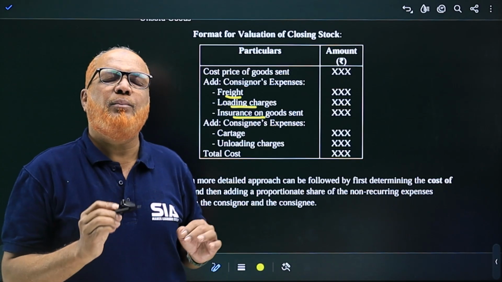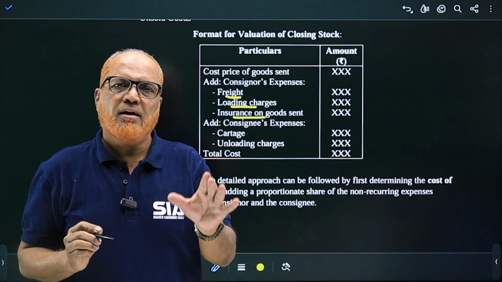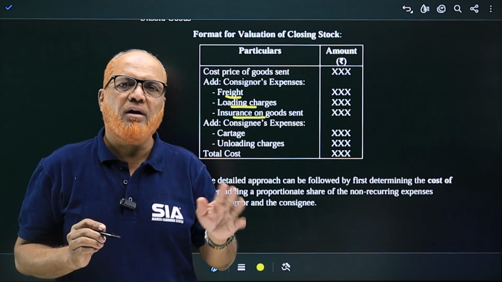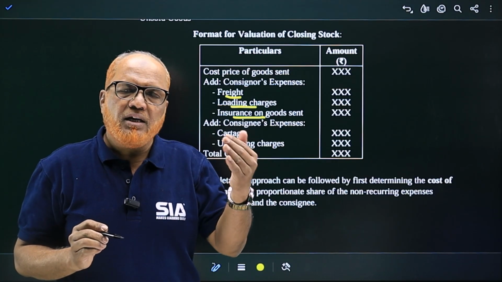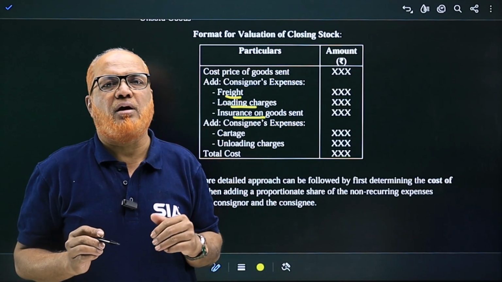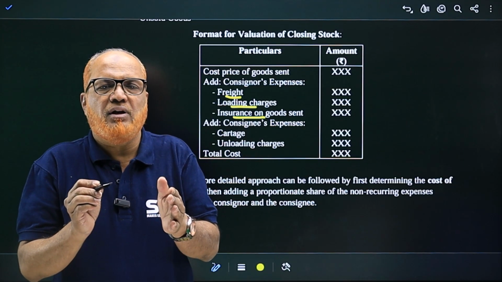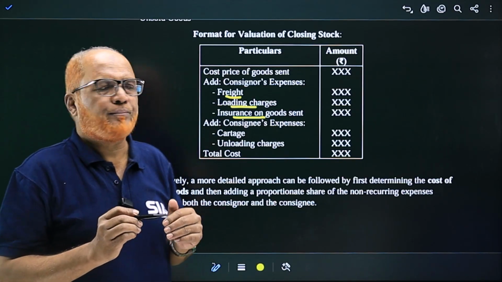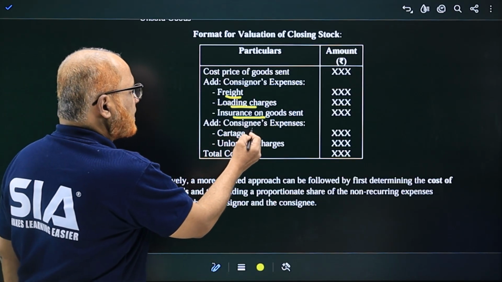And one more thing you remember, normally consignor expenses are non-recurring only. Consignee's expenses may be recurring and may be non-recurring. Some expenditure he will incur is recurring and some non-recurring. Now add consignee's expenses.